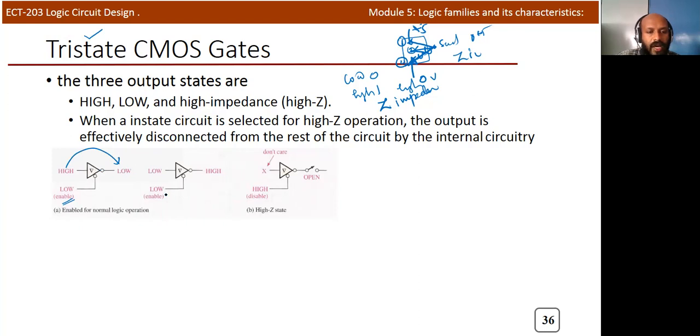When you apply 0, because it's an active low signal, you will get high. When this control terminal is at high, it is in a disabled condition, because we need to apply logic 0 to enable this IC. So whatever the input, 0 or 1, the output will be in a high impedance state. That is an open state.